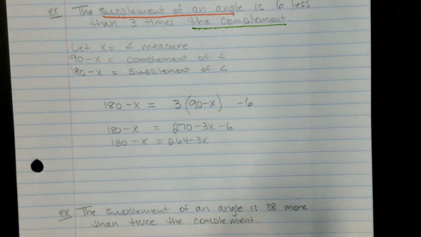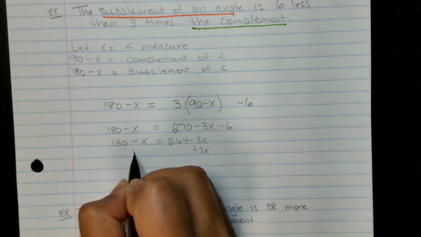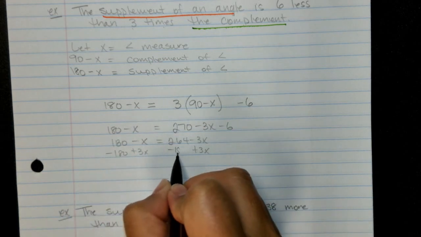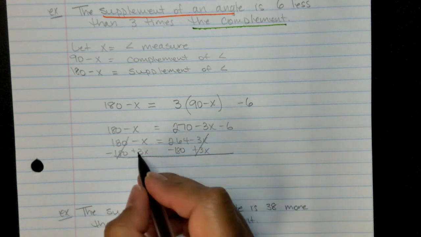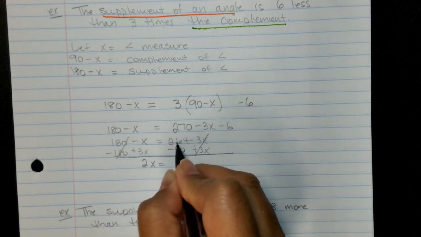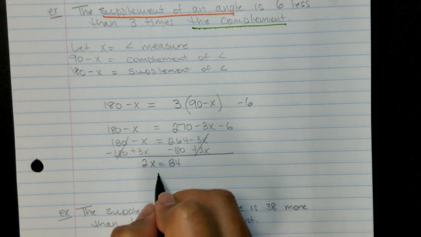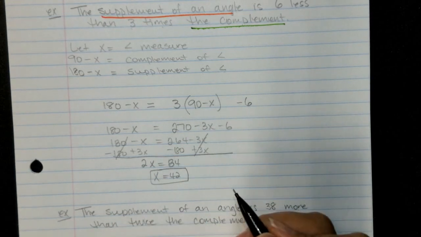I'm going to move the 3x to make it positive, and then subtract the 180. Those cancel. Negative x plus 3x is 2x. 264 minus 180 is 84. Divide both sides by 2, and we get that x is 42.